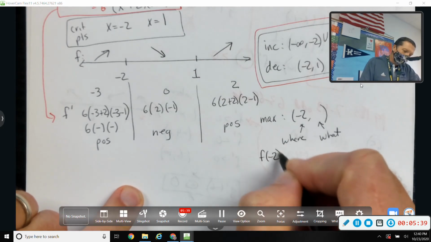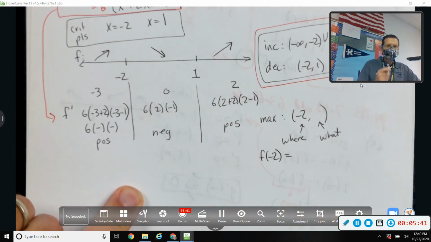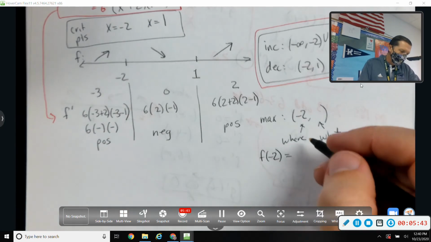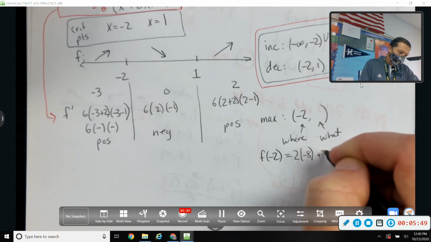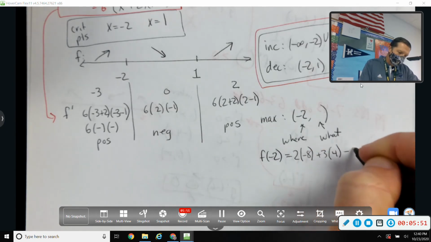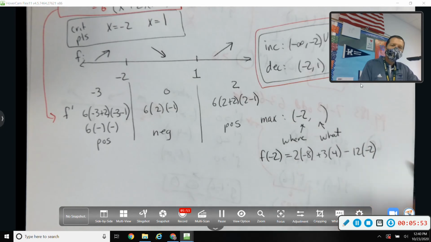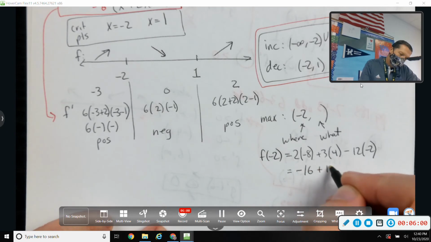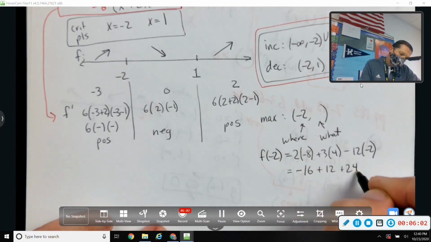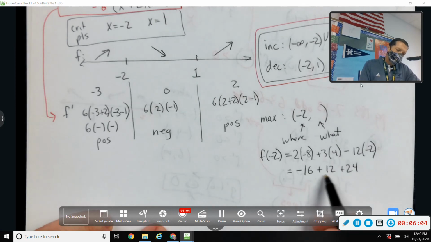So I need to find the function at negative 2. I got to go all the way back to the original function. Plug in negative 2. Let's see, that's 36 minus 16 is 20.